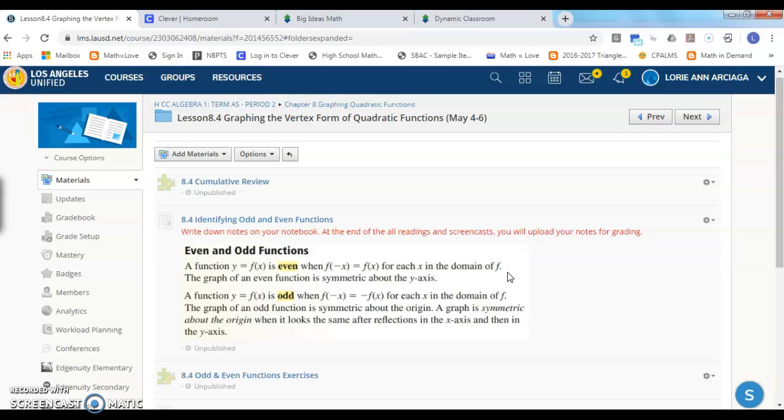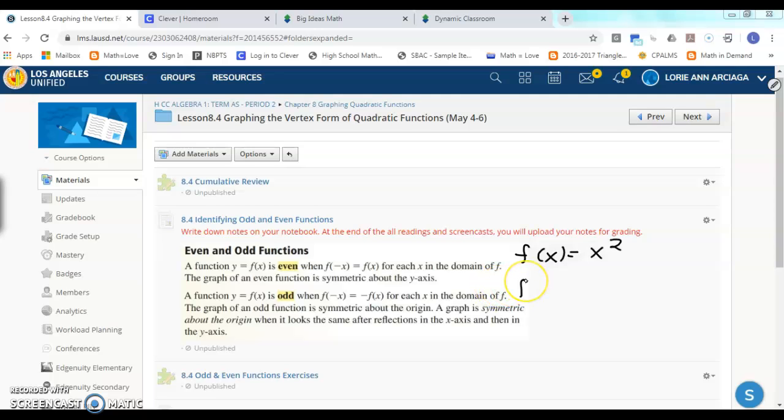So what does that mean in simpler terms? A function is even if the function is the same as the original one, even if you replace x by negative x. For example, let's say f of x is equal to x squared.